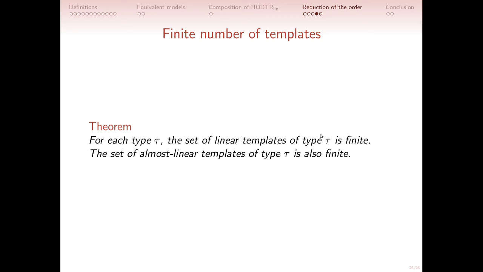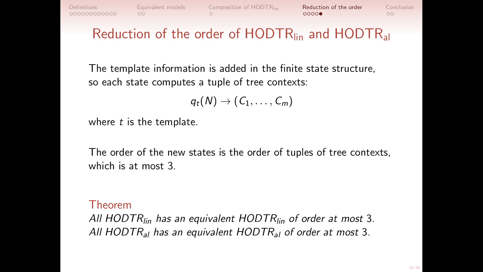So in general, for any type, this works. And it's really important because this allows us to put the information of templates into the finite state structure of the transducer. And so we can translate that transducer into a transducer that only computes the tree contexts.